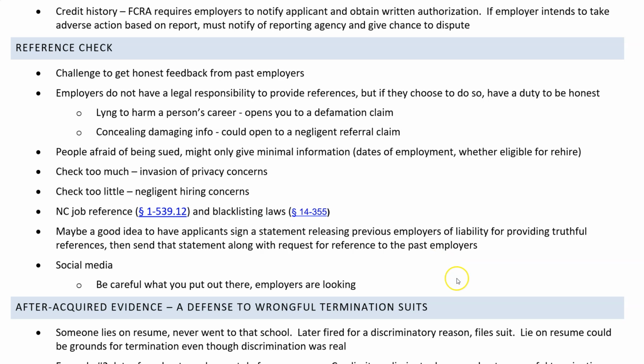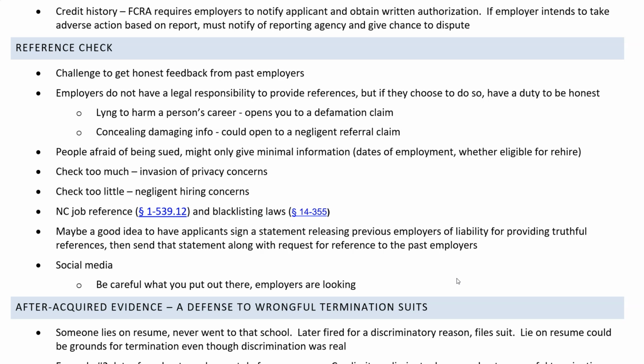That brings us to the next topic, which is if I can't find truthful information through references, companies have gotten more into checking people's social media just because they want to get an idea about who you are, the information that you're putting out there. So that's the kind of thing you have to be very careful about. What social media channels are you using? What are you putting out there?